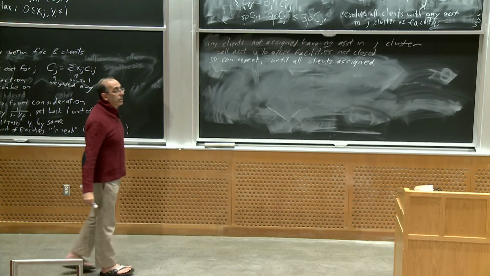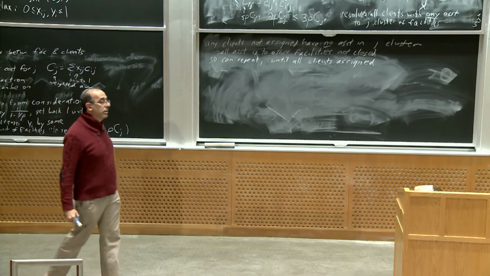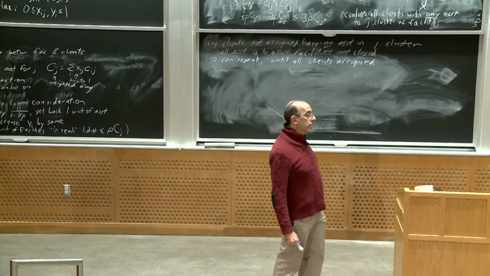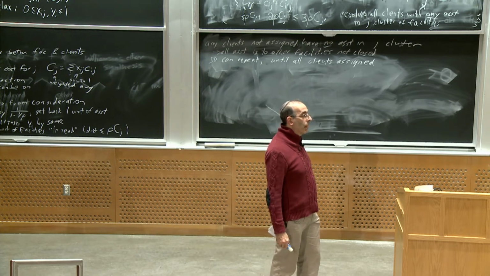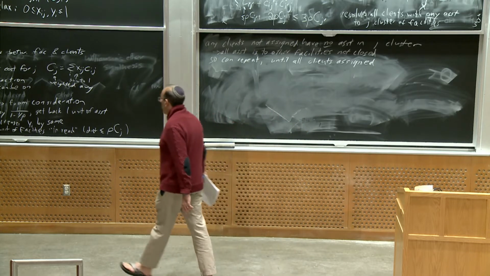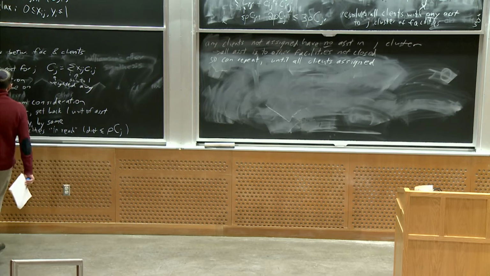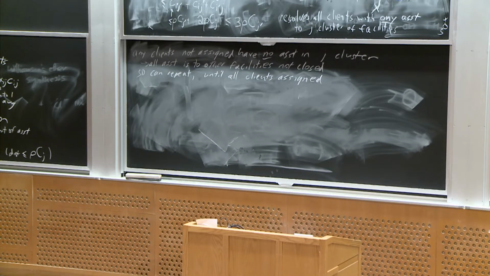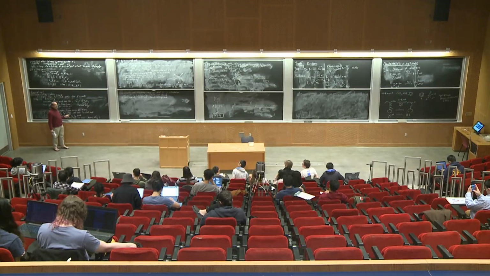Yes? Is the idea that when we threw away the big ones, it gave us a slightly worse solution to the linear program, like worse by a 1 over 1 minus 1 over 3 factor? That's right. You could go all the way and say, I'm just changing the solution to the linear program, right? I'm scaling up the yi's and the xij's, and it's still a valid solution to the linear program.